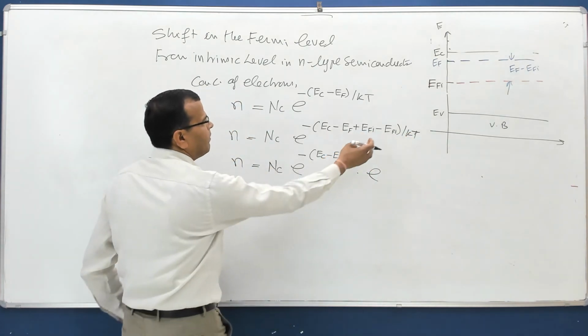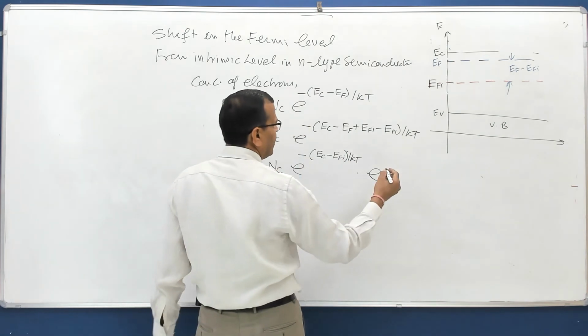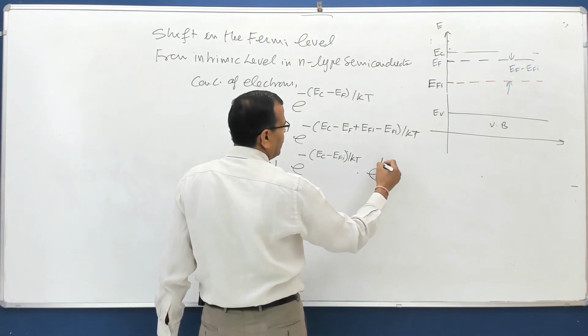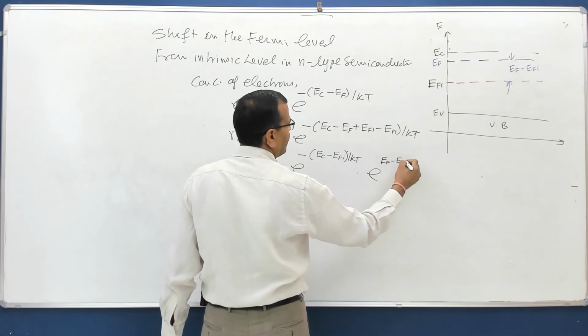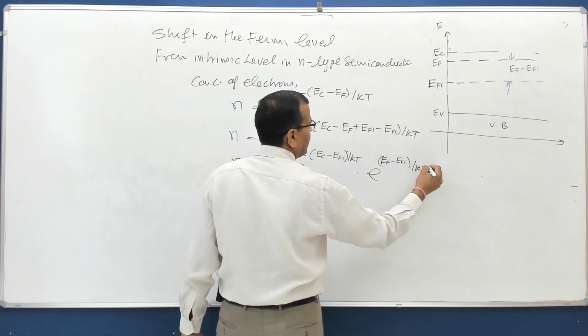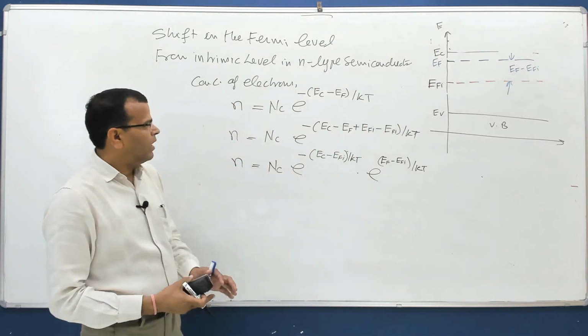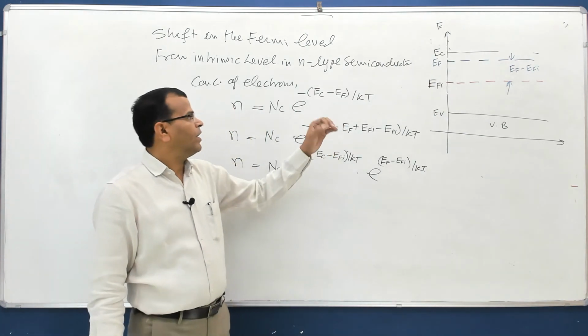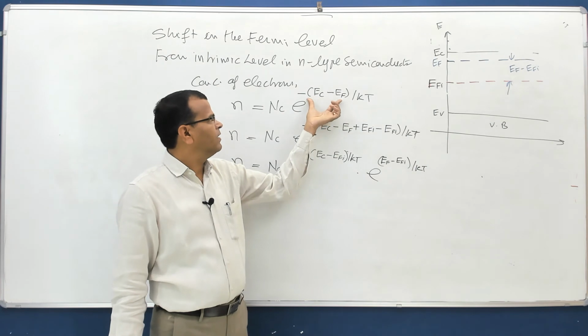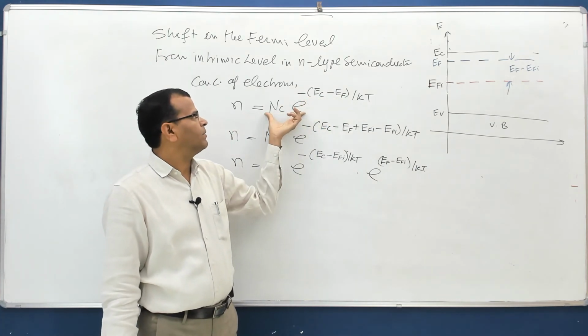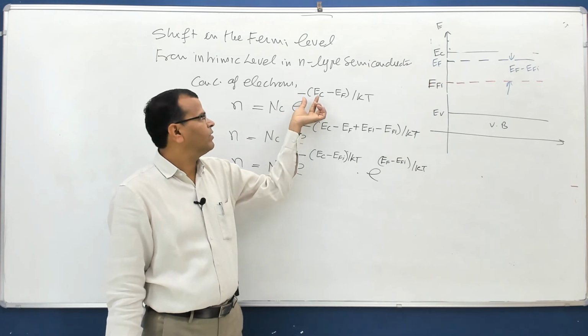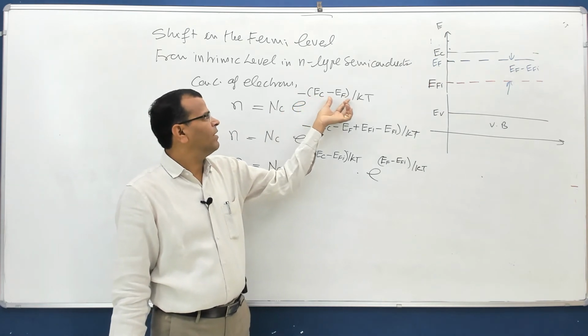So I will take EFI with this, and this will be equal to EF minus EFI by kT. That is what you have. I am repeating, I am trying to find the relationship between EF and EFI. This is the concentration of electrons in the case of N-type semiconductors, which is given by minus EC minus EF by kT.